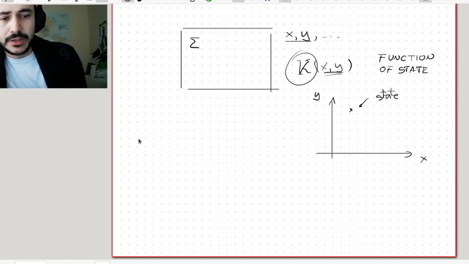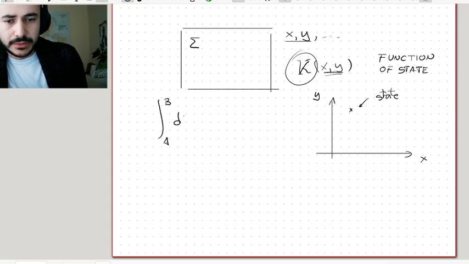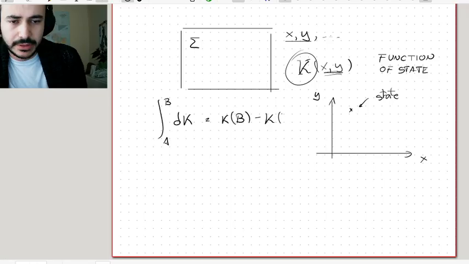Okay. So you can always write this in this form. So imagine you have two states, a and b, and you want to integrate the differential of this function, and you know by the fundamental theorem of calculus that this is k(b) minus k(a).